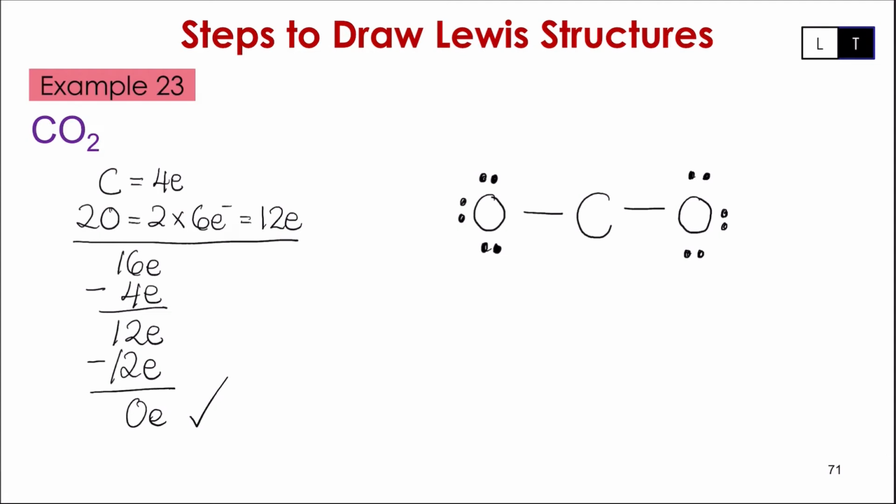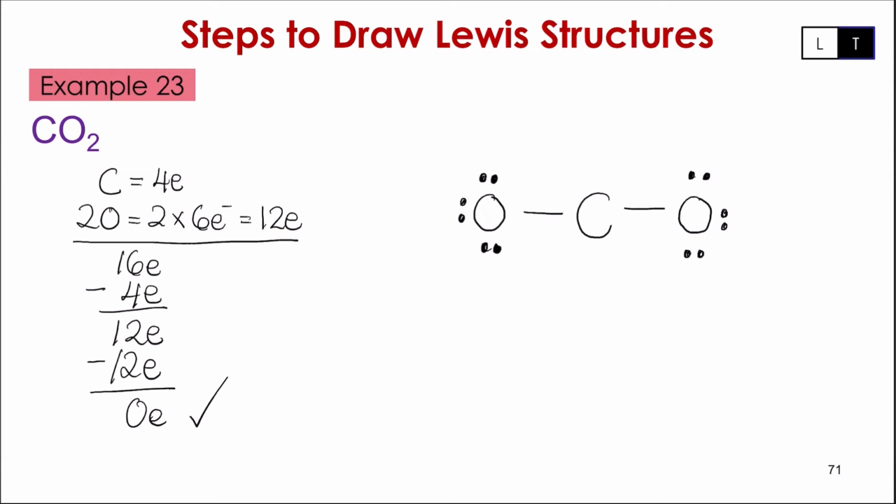We have to check. All atoms must have an octet. So oxygen already has an octet, but carbon does not yet because carbon only has 4 electrons. So we have to do something where the terminal atom will donate its lone pair to form a double bond or triple bond.